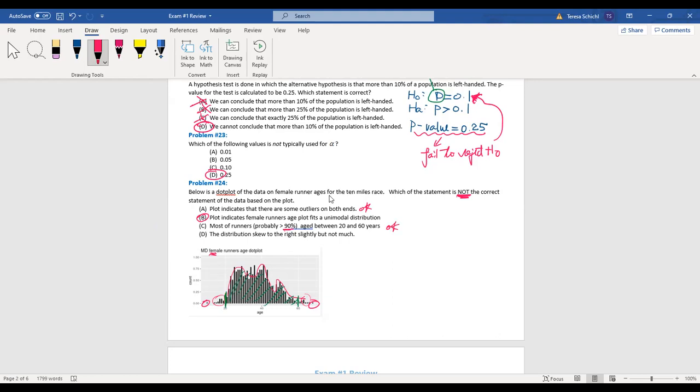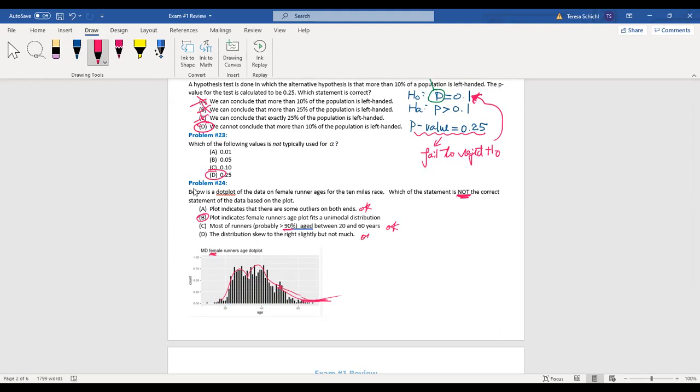And then the next one says the distribution is skewed to the right slightly, but not much. It's kind of true. You have a little bit of a tail here, but not too much.